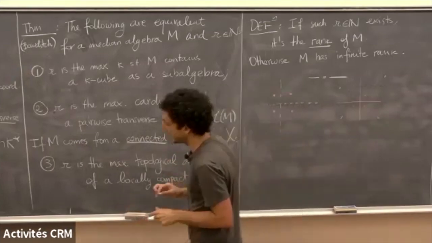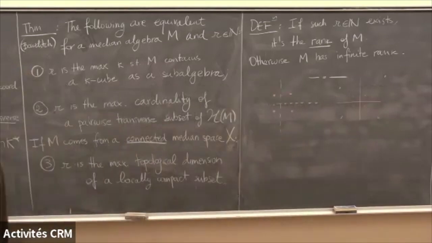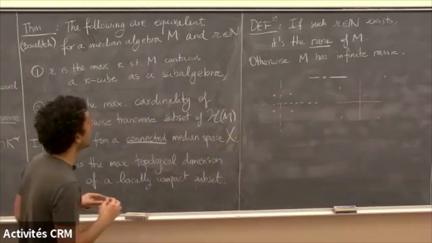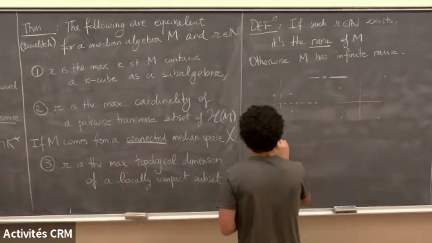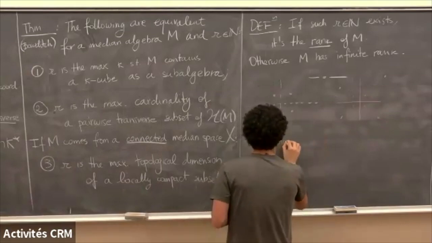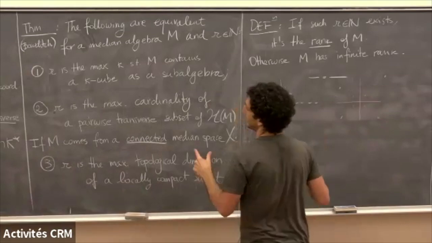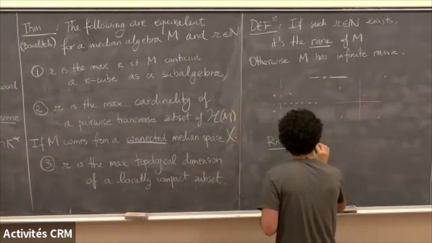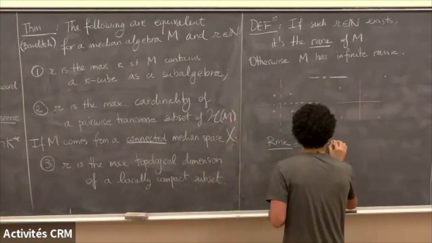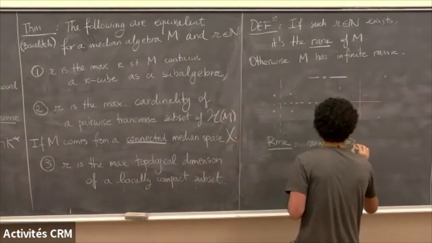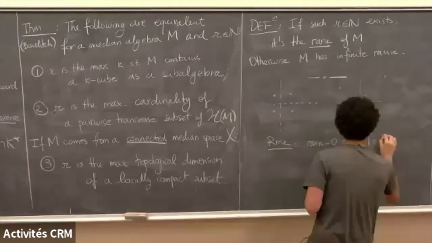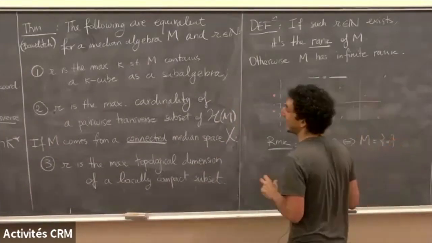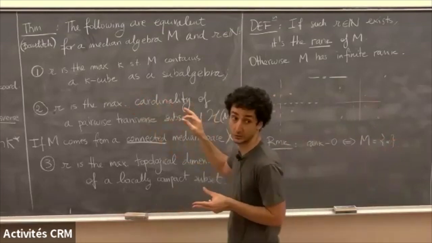So let me give you a few facts that show that somehow in finite dimension median spaces are a bit nicer. Maybe just a silly remark. So what are the low dimensional cases? Rank 0: a median algebra has rank 0 if and only if it's a single point, because any 2-element subset will be a 1 cube.